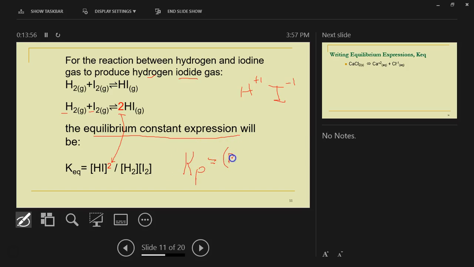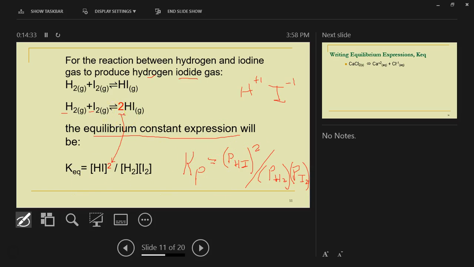The partial pressure of your hydrogen iodide, but it's a partial pressure instead of concentration, over the partial pressure of your hydrogen gas raised to the 1, the partial pressure of your iodine raised to the power also of 1, which we typically leave off. Now, how do I know which reaction equation to write from my reaction?